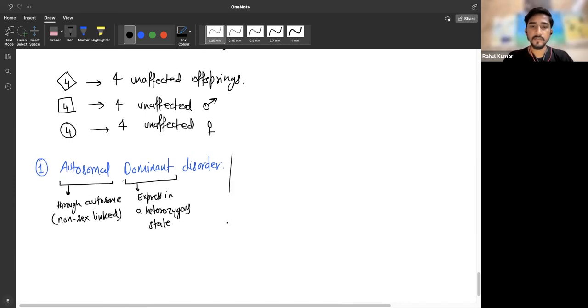Versus if we go to the second part, which is autosomal recessive trait, how do you think it will be different from autosomal dominant? Again, not linked to sex, right? Correct?